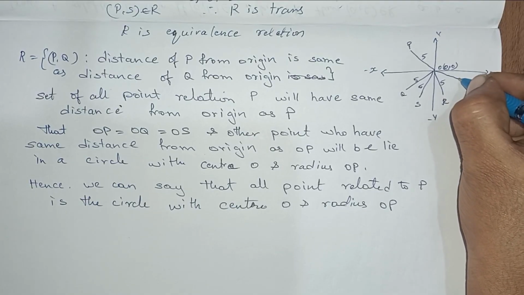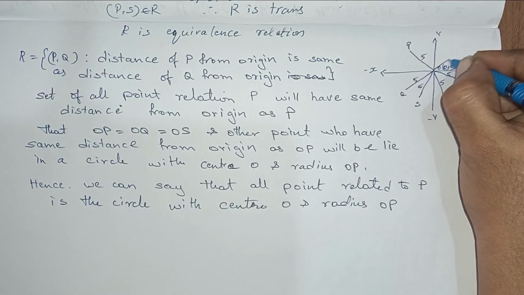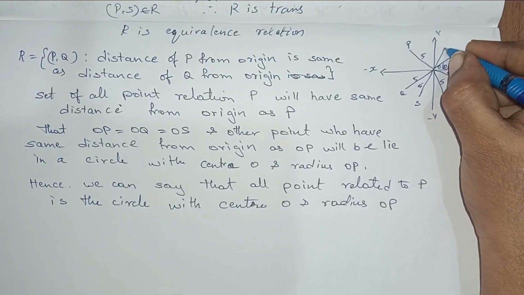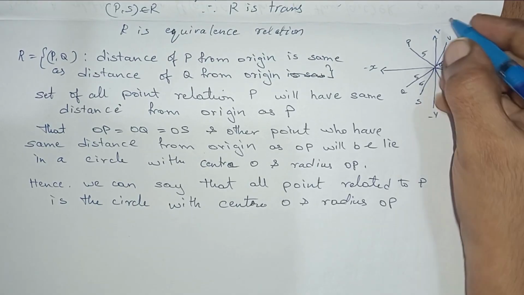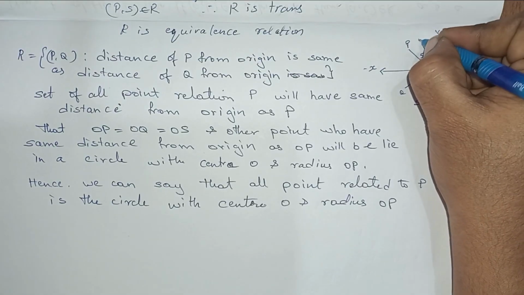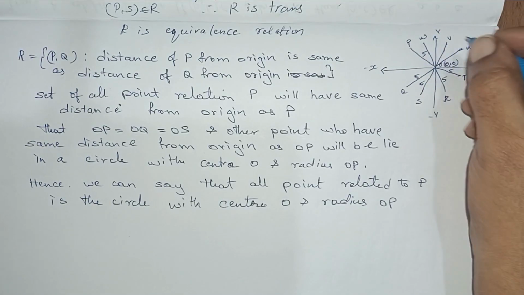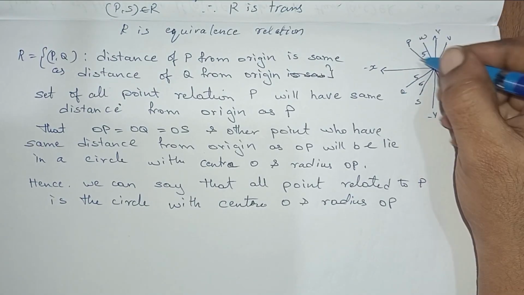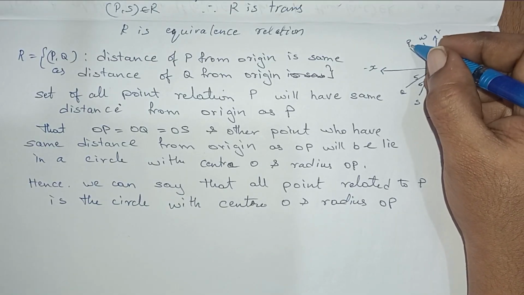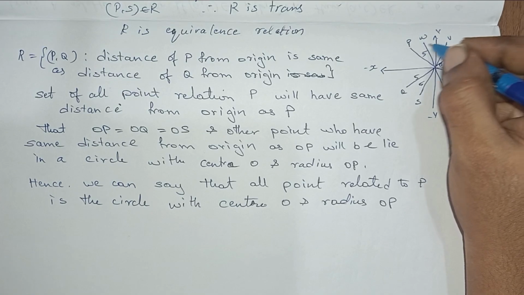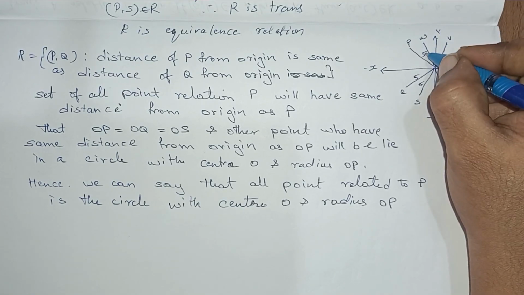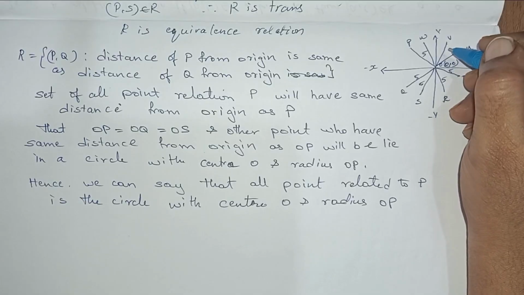T is 5 units. Again, if we take U as 5 units, V as 5 units, then W as 5 units. If we take all these points, we know that all of them are related to P, because the length from each point to the origin is 5 units.